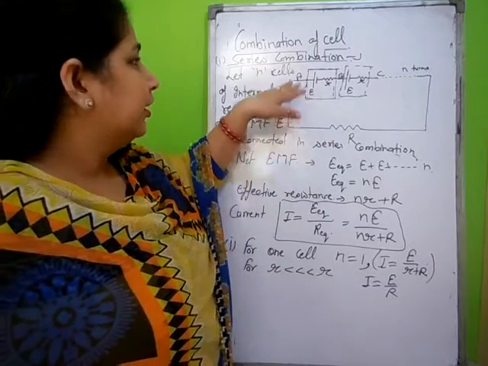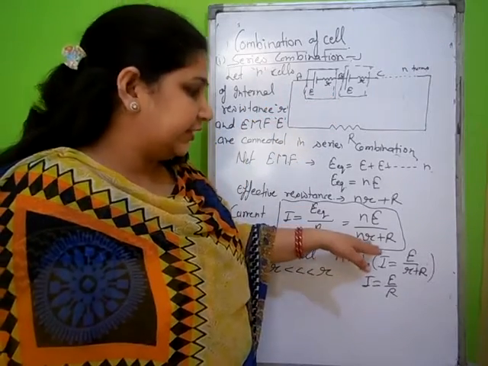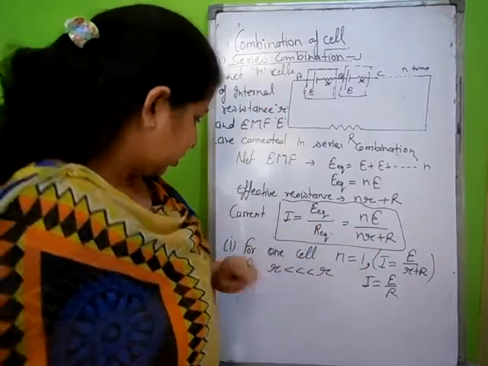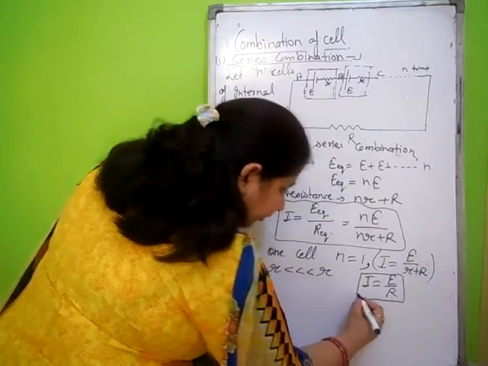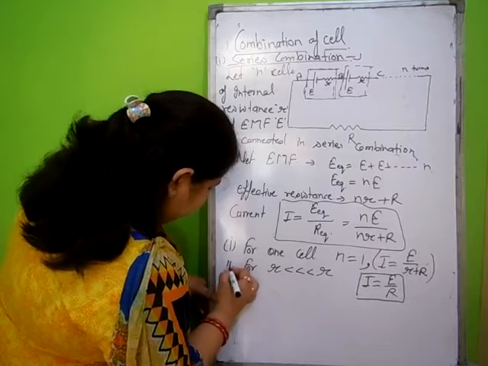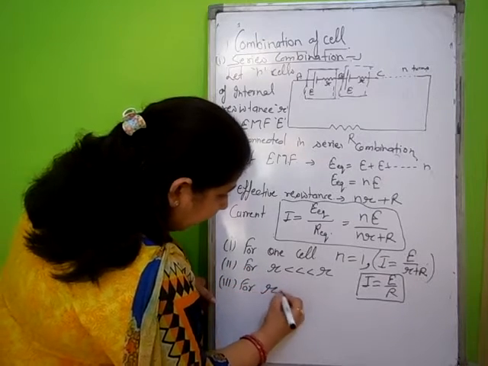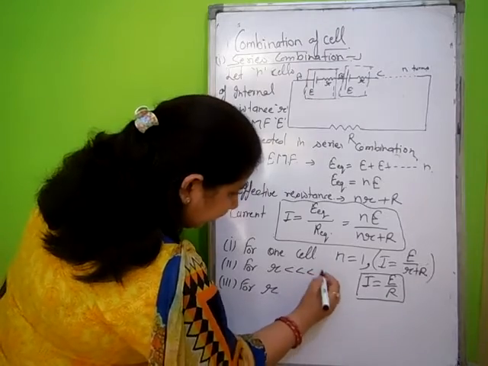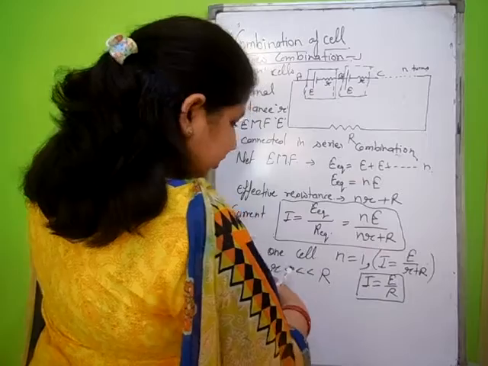Now we are working with cells with internal resistance, so we will consider the internal resistance also. Here we have to write capital R, as we are neglecting the small r.